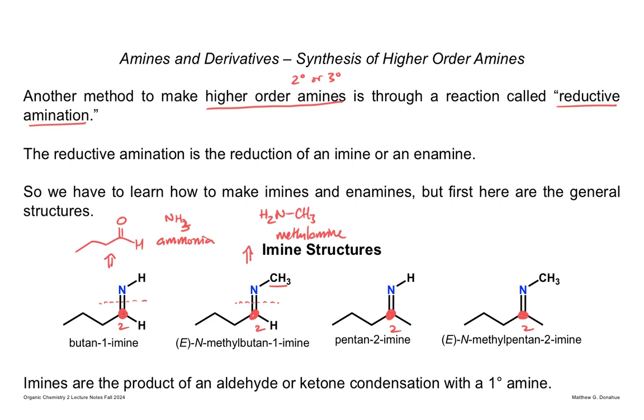And then you can do the same thing with ketones. Again, the key thing here is the imine comes from oxidation state 2 functional groups and a primary amine. So the nitrogen has to have at least 2 hydrogens on it.